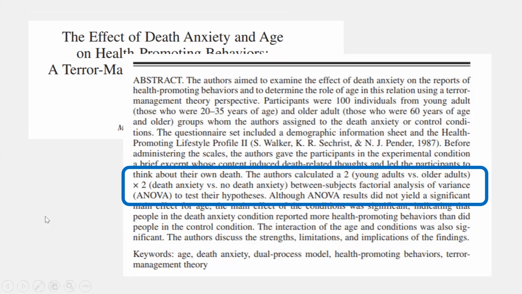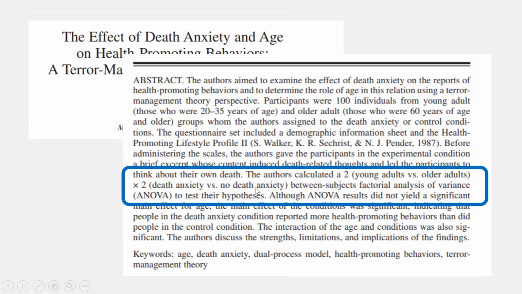So in this particular article, a Terror Management article, the authors were interested in whether or not a death anxiety prime and age interacted to predict health promoting behaviors. So they broke down age into two groups, young adults versus older adults. You guys could do this too. I can show you how, it's pretty easy. By their manipulated variable, so they made some people feel anxious about their mortality and some people received a control condition. So the idea is they did a 2x2 design that they subjected to a 2x2 analysis of variance.